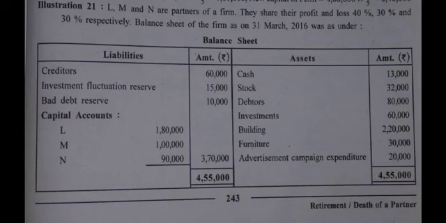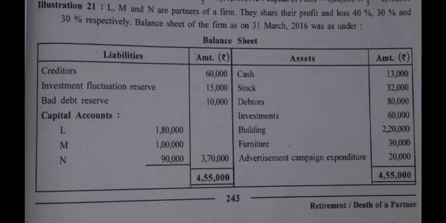To write off this loss, we already have a reserve, which is investment fluctuation reserve, if you can see on credit side. Yes? So it is 15,000. 15,000 minus 10,000. Your loss is written off here.